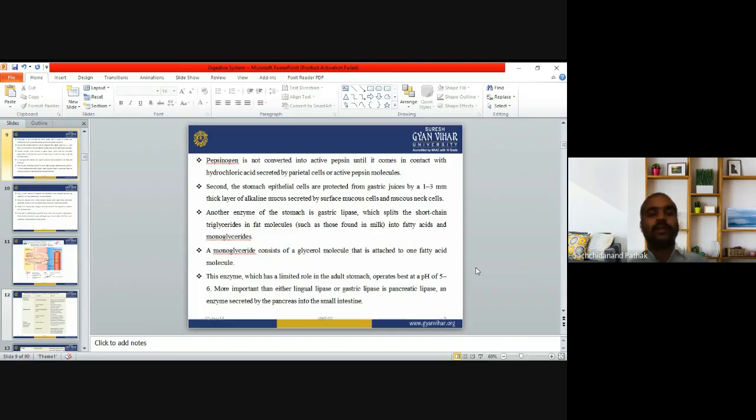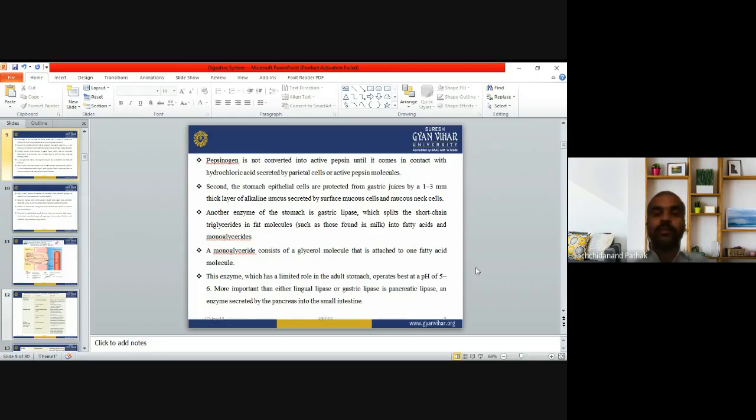Second, the stomach epithelial cells are protected from the gastric juice by a 1 to 3 mm thick layer of alkaline mucus secreted by surface mucus cells and mucous neck cells. We know the gastric juice in the stomach creates a highly acidic environment.